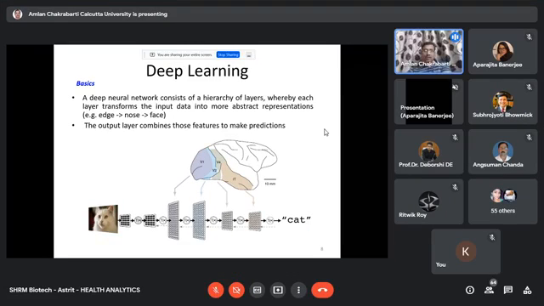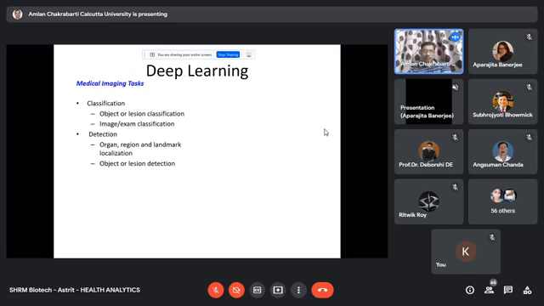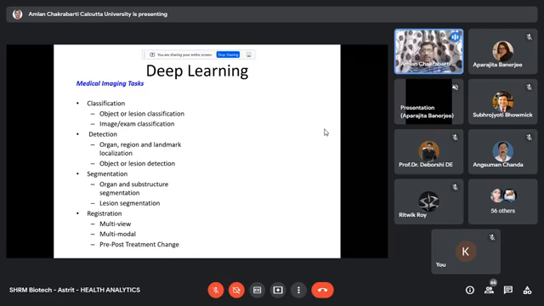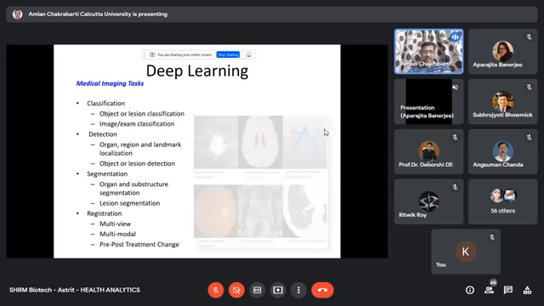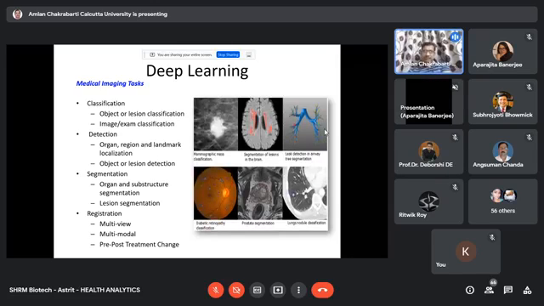And that's why the success of deep networks, of deep learning, and as we know, the medical image processing is one of the most complicated domains of image processing, computer vision, and that is a very core part of health analytics. So the task that we try to do in the medical image analysis in context to health analytics is that we try to classify the objects, whether it is a lesion or non-lesion, whether it is a tumor or it is not a tumor, right?